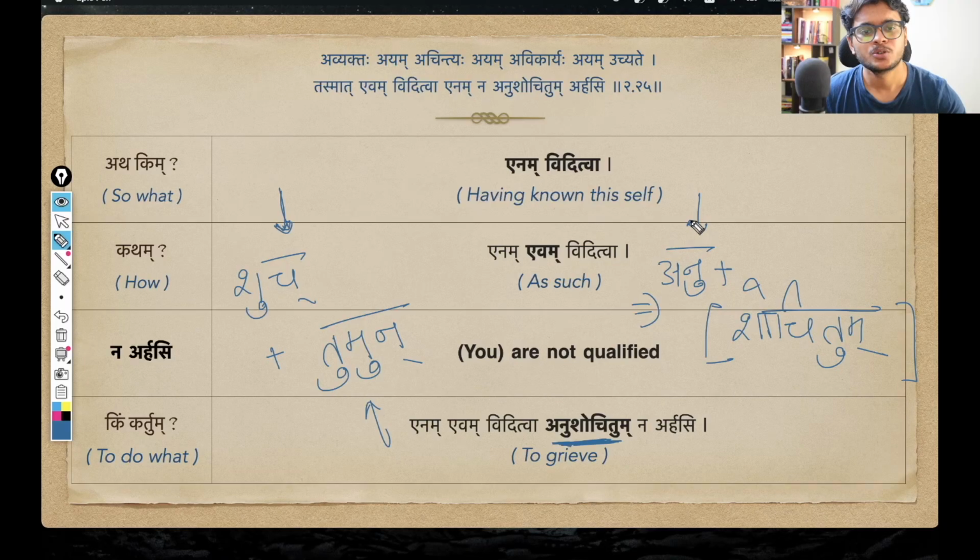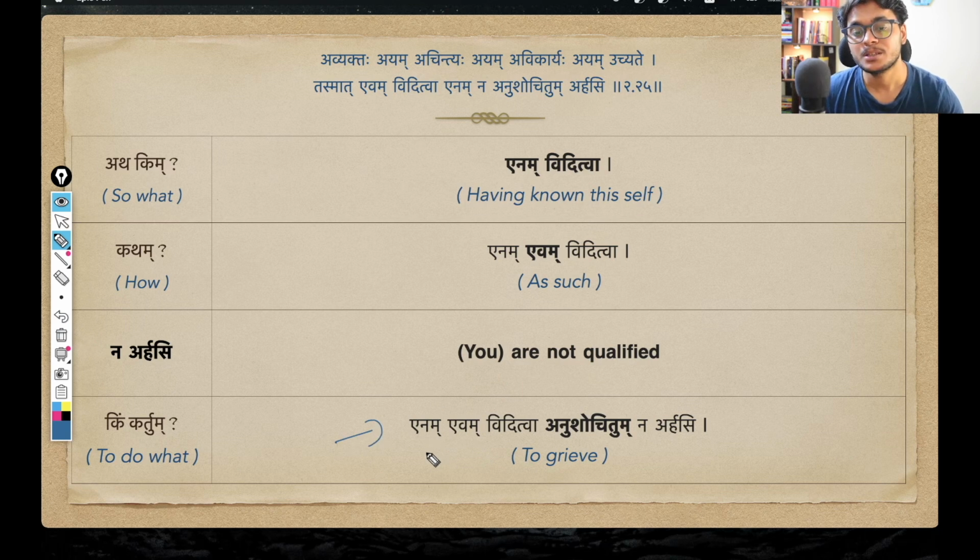As we saw in the first chapter of the Bhagavad Gita, Arjuna is in a continuous mood of dejection, of sorrow. That perpetual, continuous running mood of Arjuna is being portrayed here by using this upsarga, anushochitum.